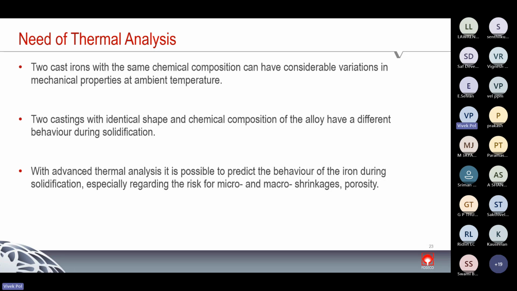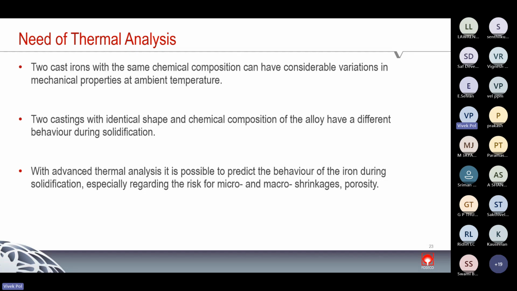Even castings of identical shapes or the same geometry, their solidification pattern will also be affected because of the metal quality. And that's why ultimately the variation in terms of microstructure and mechanical properties is associated with metal nucleation level, meaning charge mix, chemistry, and melting practice.